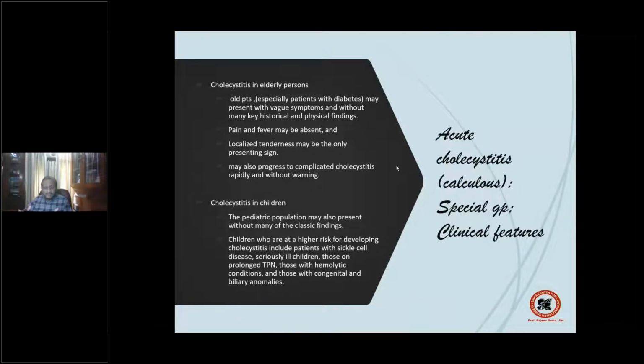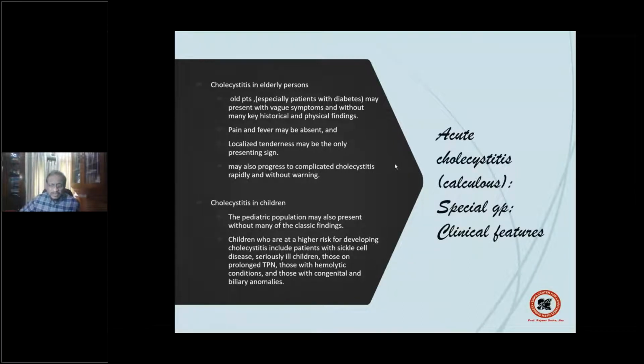Even otherwise, a diabetic patient tends to have less pain because of paralysis of the autonomic nervous system. Localized tenderness may be the only presenting sign. So the patient does not have pain or fever, only vague symptomatology and localized tenderness, and it may progress to complicated cholecystitis rapidly without warning, without giving ample time to manage the patient.